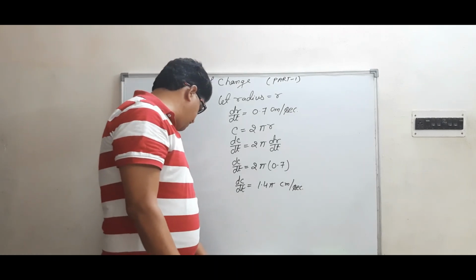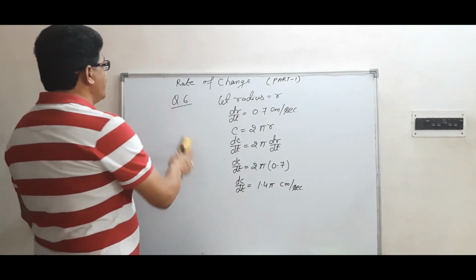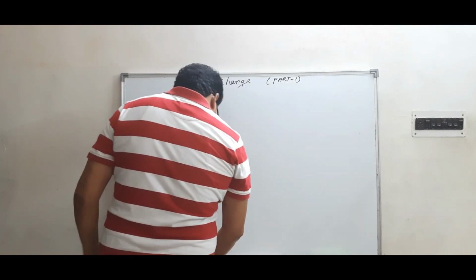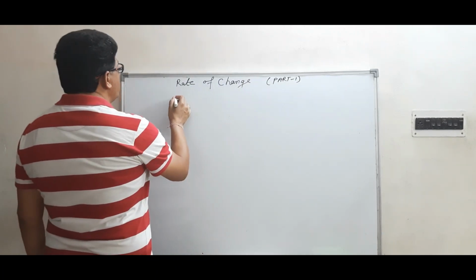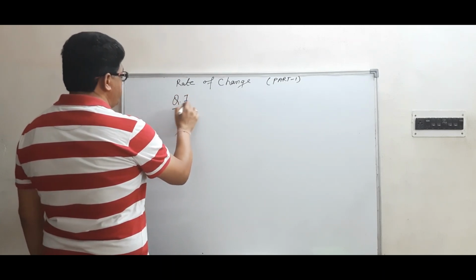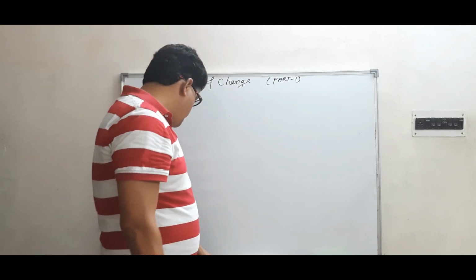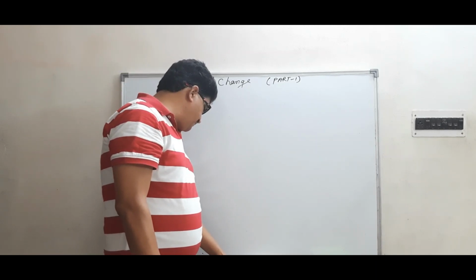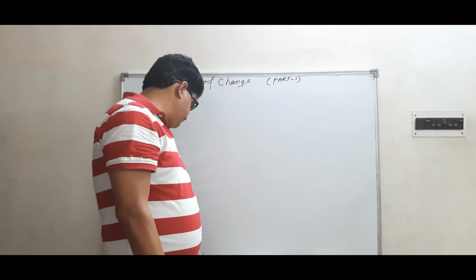Next, question number 7. The length x of a rectangle is decreasing at the rate of 5 centimeter per minute.